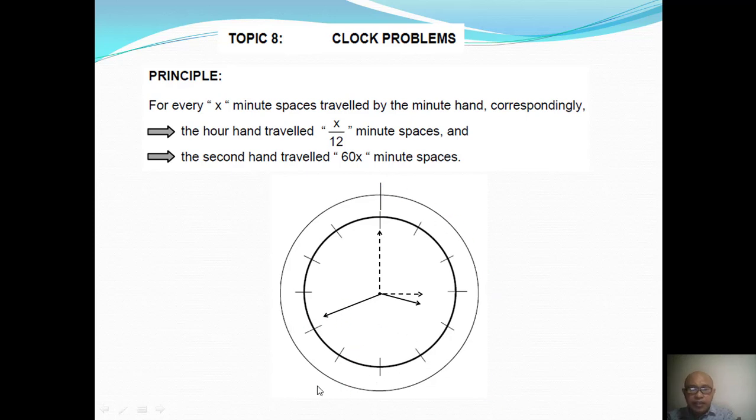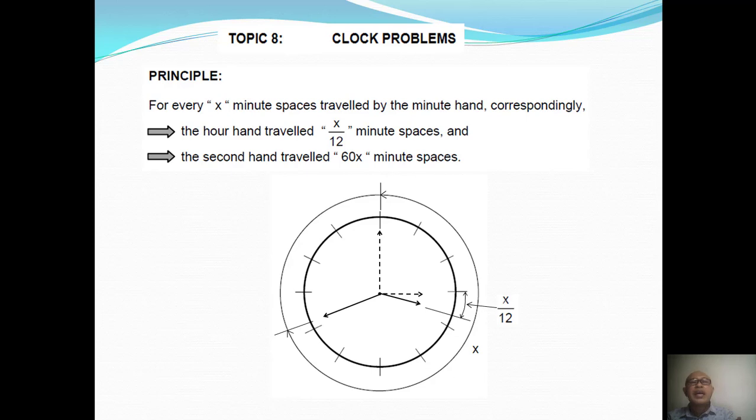If I call that number of minutes x, the minute hand has traveled x minutes: 5, 10, 15, 20, 25, 30, 35, and so on. So correspondingly, the hour hand also moves a distance of x over 12. Then, from the figure, form an equation.